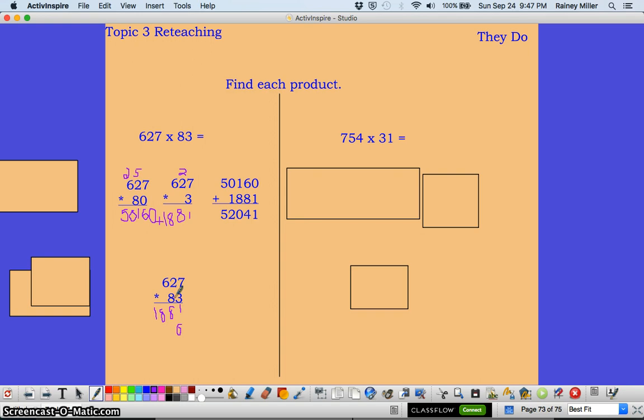Alright, so now I start again, only I'm going to be using the 80 instead, but I've already taken care of the 0. So 8 times 7, that's going to be 56. Okay, then I'm going to do 8 times 2 is 16, plus 5, that's going to be 21. So I put my 2 and my 1. And then 8 times 6, that's going to be 48, 49, 50.